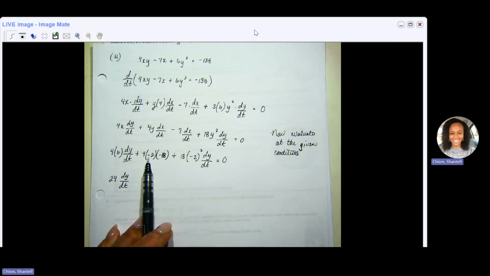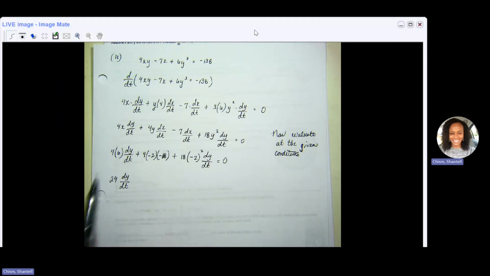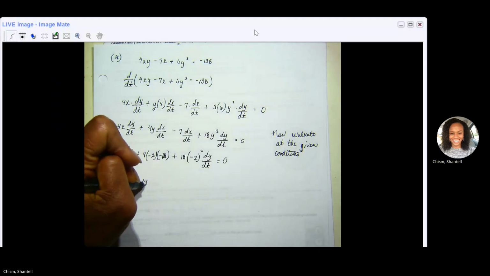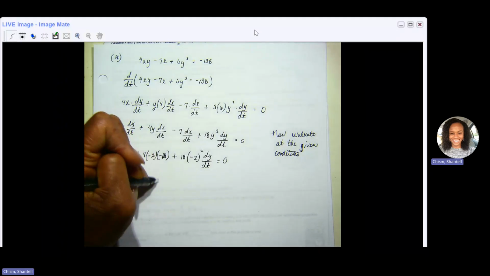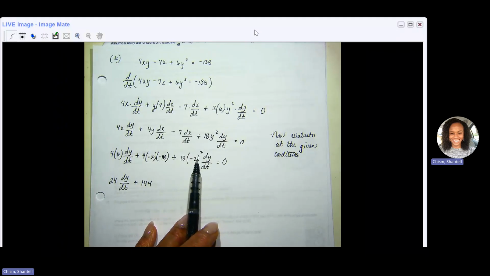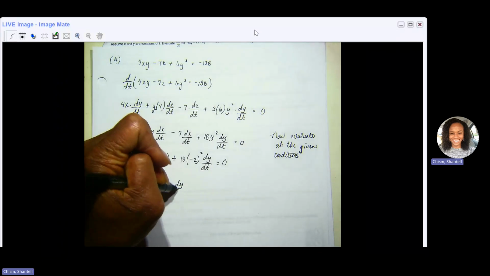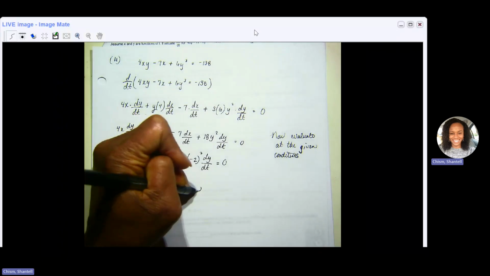Negative 8 times negative 18, that's a positive 144. And then we've got 18 times 4, because that negative 2 squared becomes 4. So 18 times 4, that's 72.